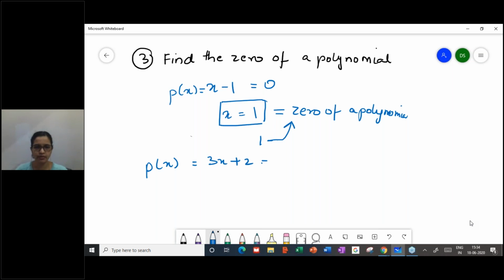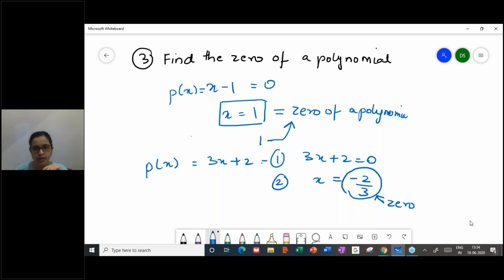They said find the zero. Step 1, equate it to 0. Step 2, find x. It will be nothing but minus 2 by 3. This term is known as the zero of a polynomial.